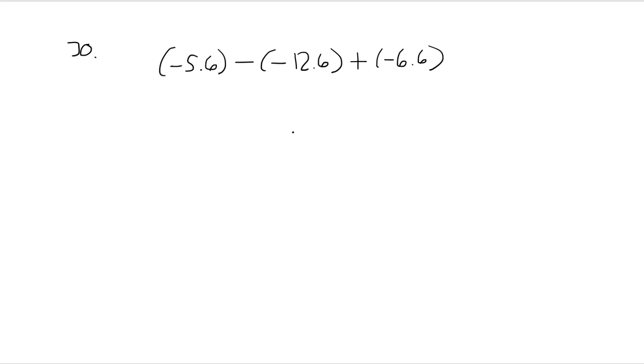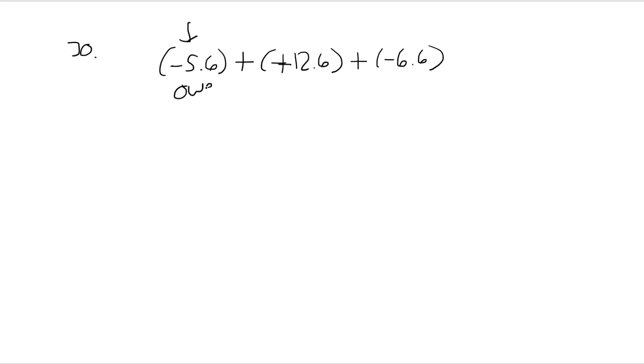So let's go ahead and change that first. So we're going to keep, change, change. And then we have an addition of negative 6.6, which we're just going to leave the same because it's already addition.